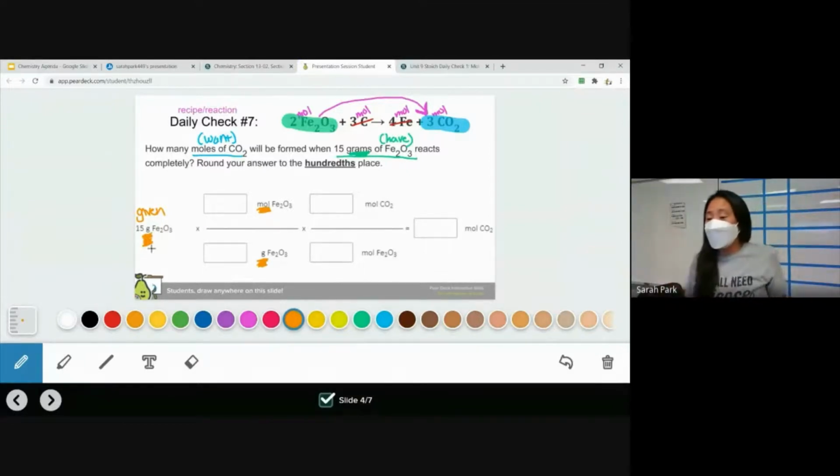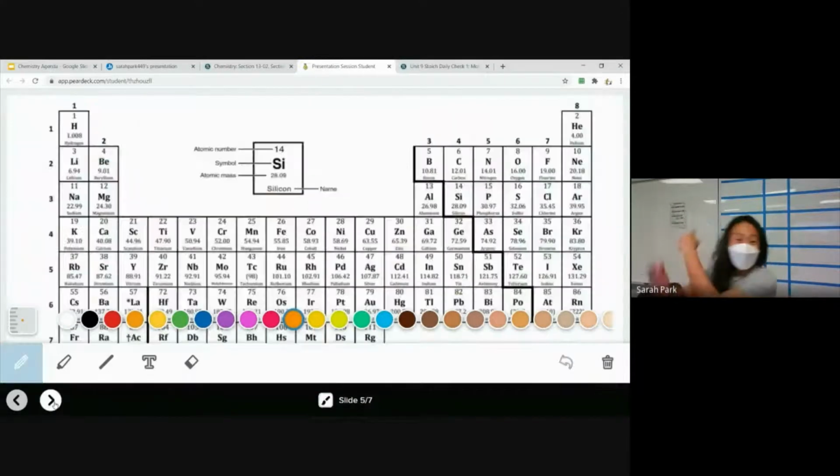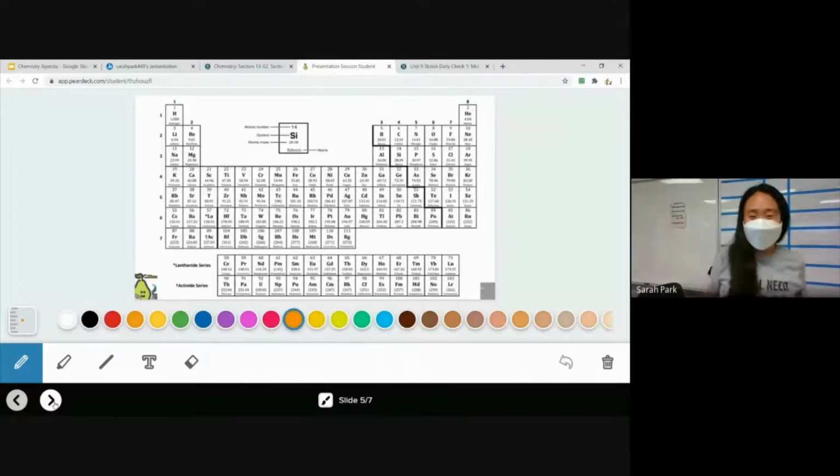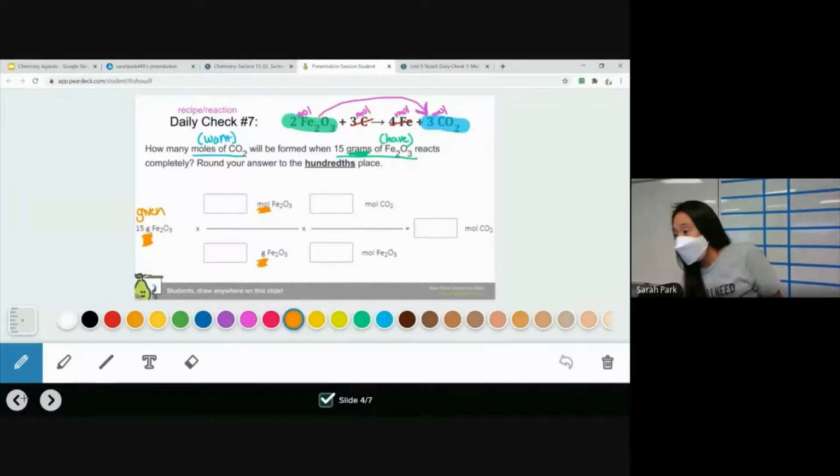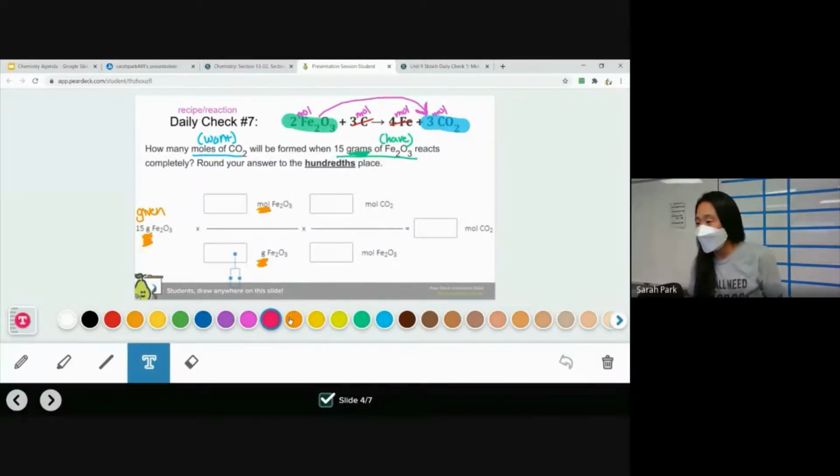Very good, which is why I conveniently, on the next slide, put a periodic table so you can calculate the mass of this compound. So anytime you see grams right here, I'm going to type it because I cannot write that small, you're going to have to use the periodic table to find this grams number.